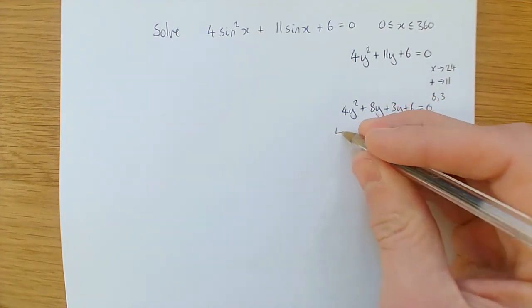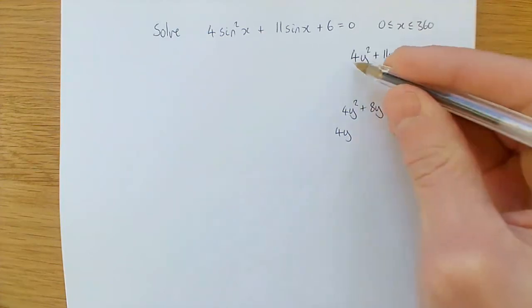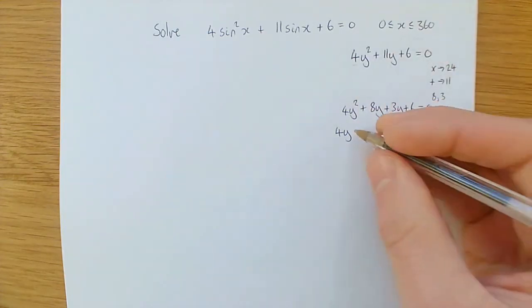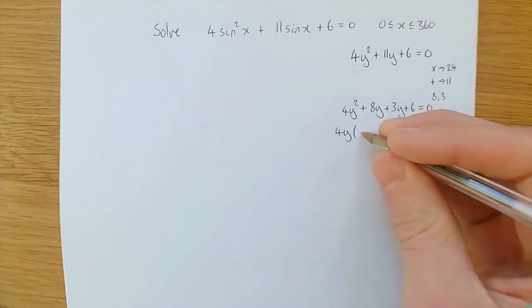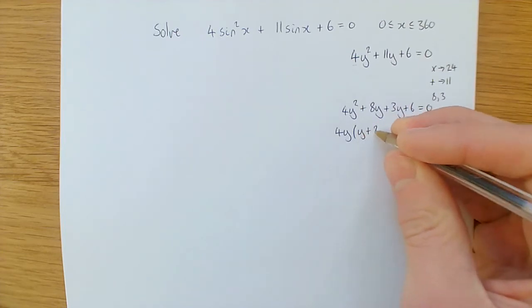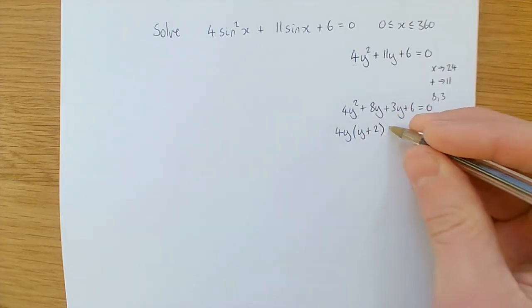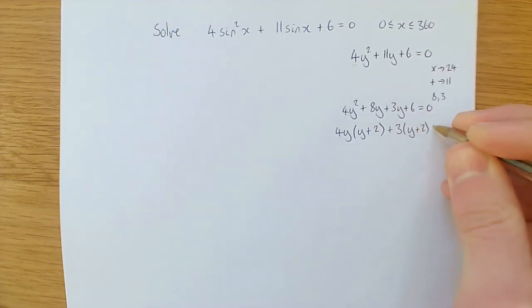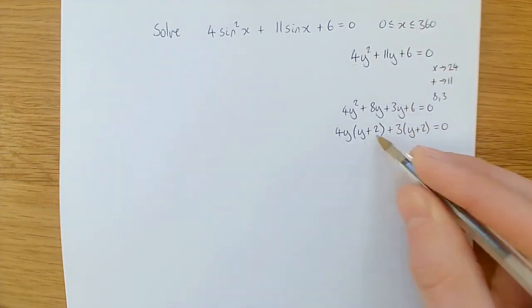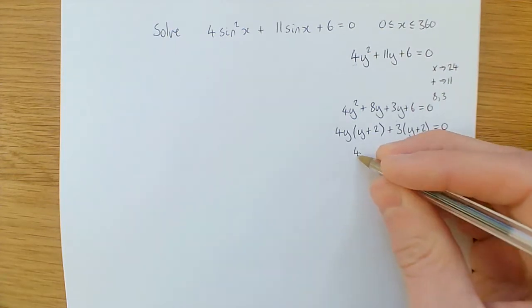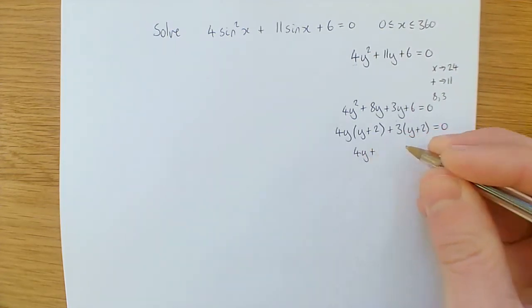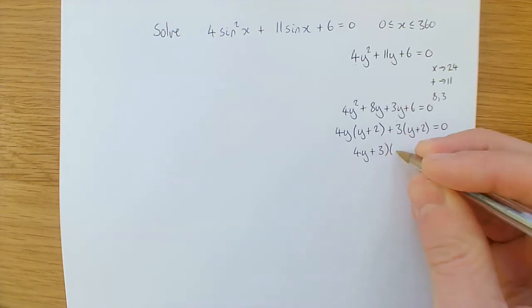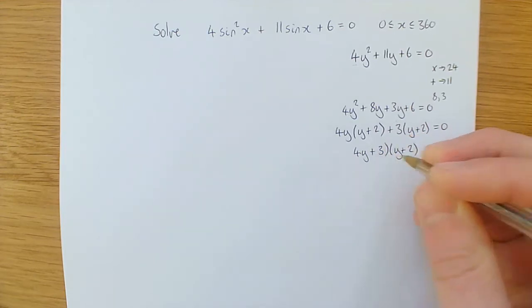Remember, we've got to use this method when there's a number in front of our squared term. We can take 4y out, and end up with y plus 2 in the bracket, plus take 3 out and end up with y plus 2 in a bracket. Brackets, both y plus 2. So our final factorization is 4y plus 3, y plus 2.